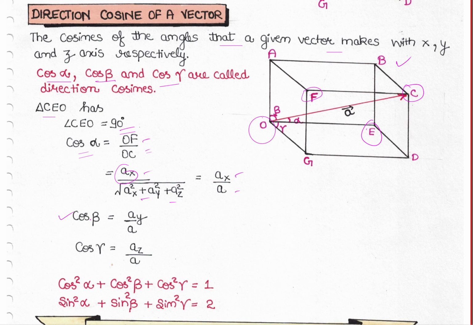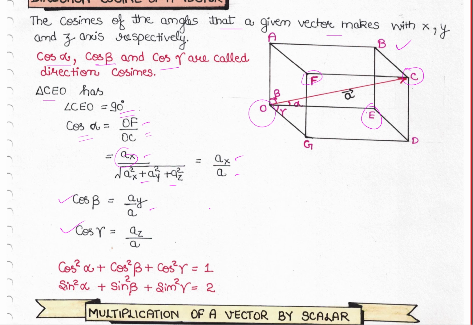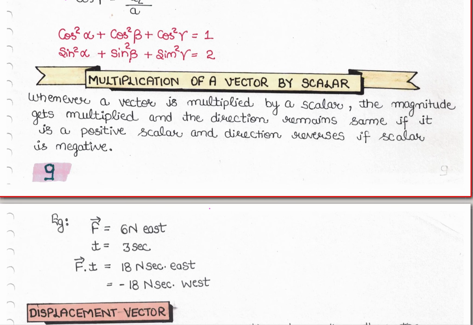Like this we can also write cos beta is equal to AY by A, cos gamma is equal to AZ by A. So there are two properties. First, cos square alpha plus cos square beta plus cos square gamma is equal to 1, and sin square alpha plus sin square beta plus sin square gamma is equal to 2.